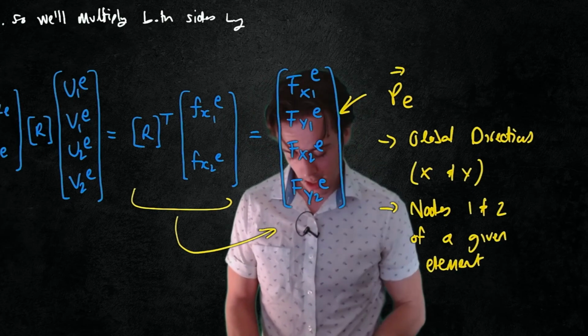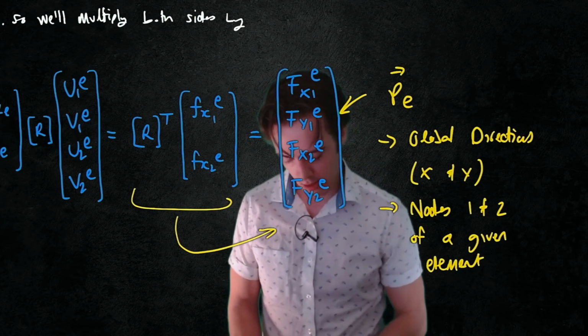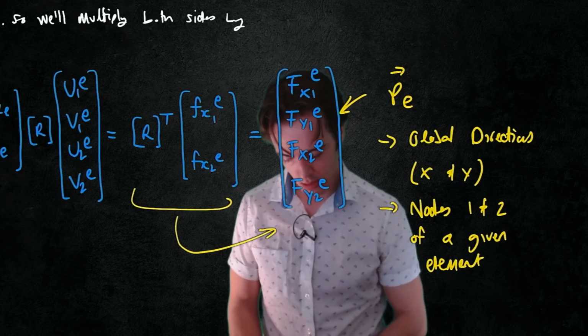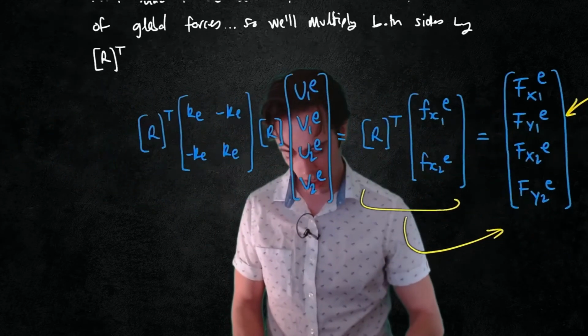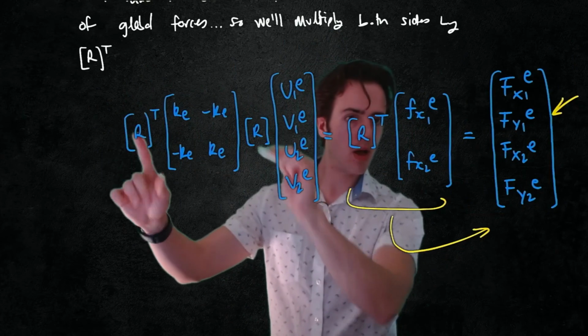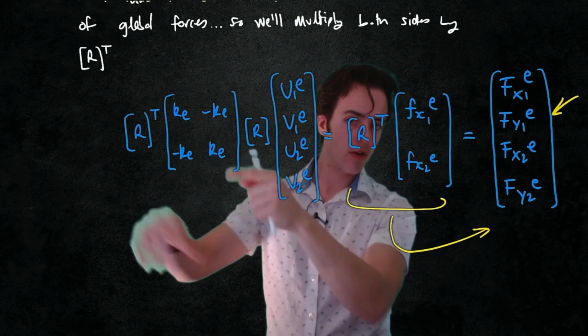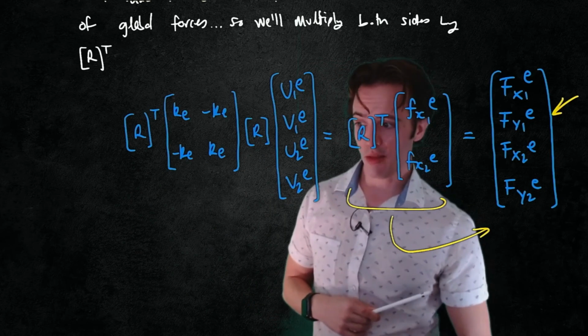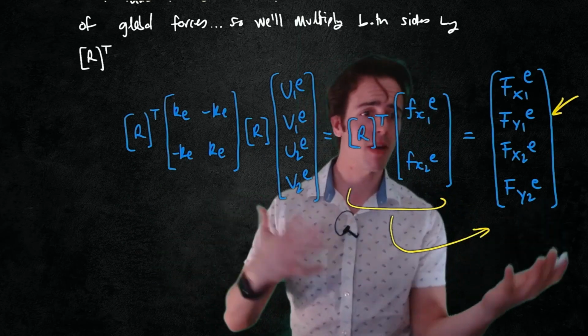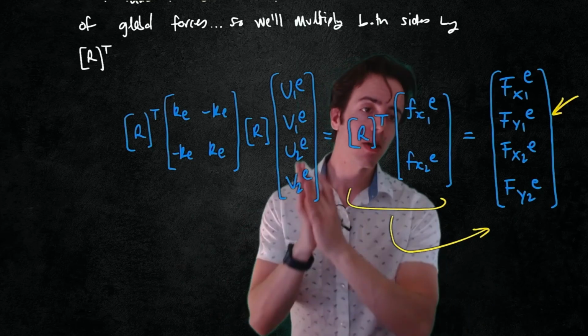Okay, and if we do this multiplication on the left-hand side, I'm going to leave you guys to do this in your own time. You can do it either by hand, do it in Python, do it in Mathematica, do it in MATLAB.